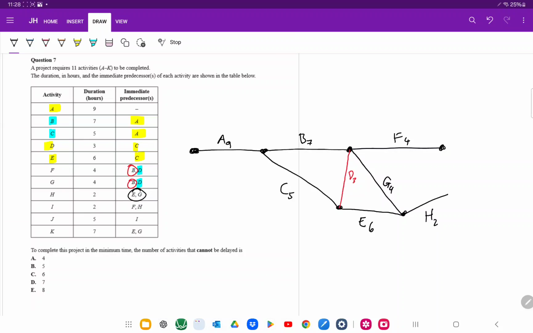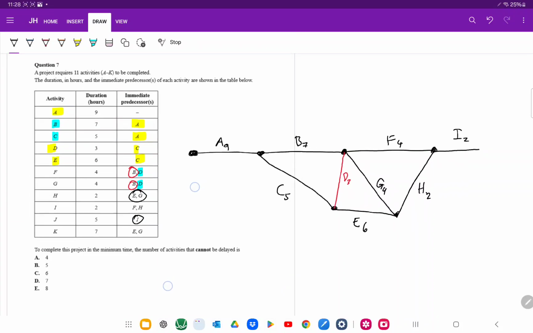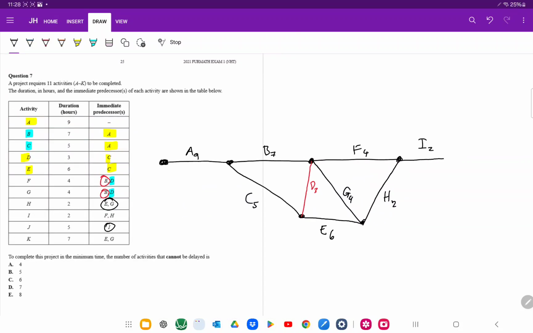and in this case, F and H are predecessors of I. So F and H are predecessors of I in this case here, and next one, J comes from this.